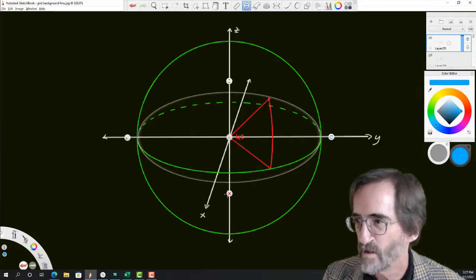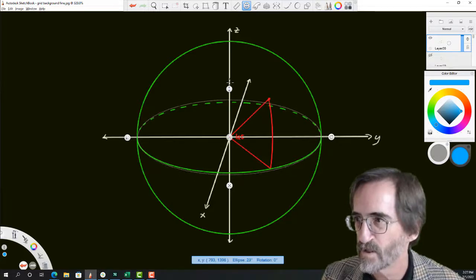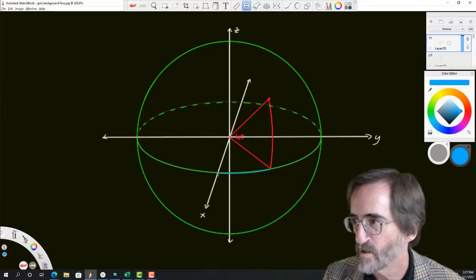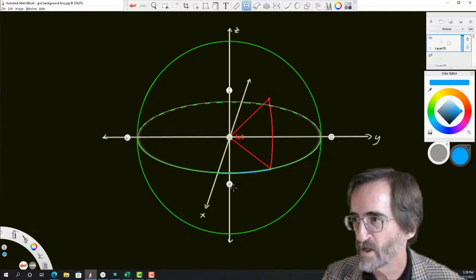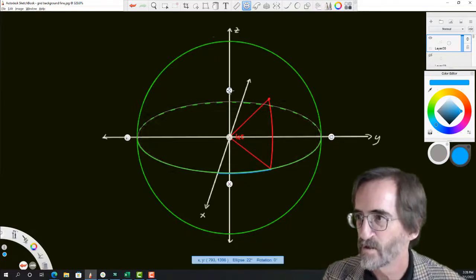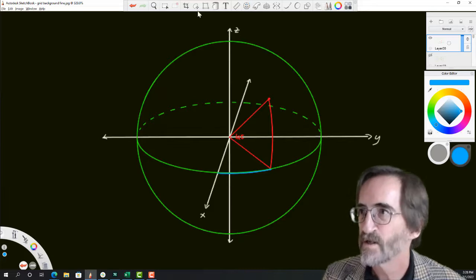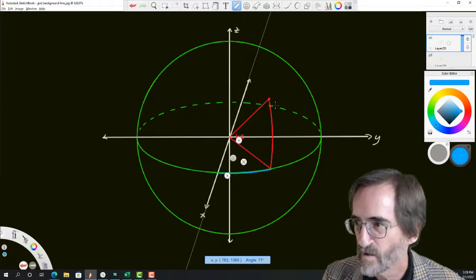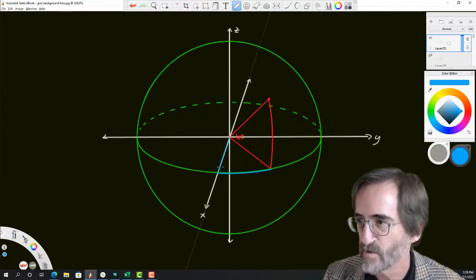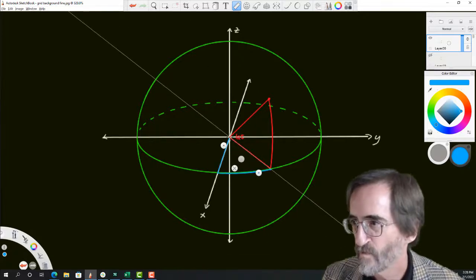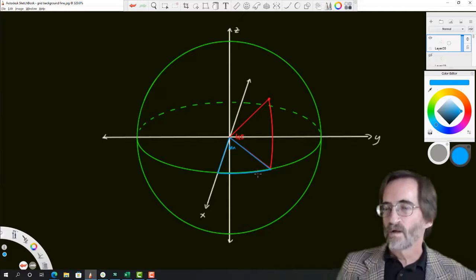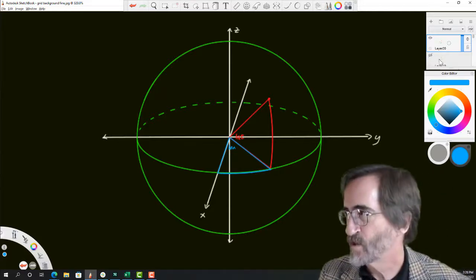So our longitude is given by this angle right here, this sector, if you please. This is our longitude angle, spelled L-O-N.